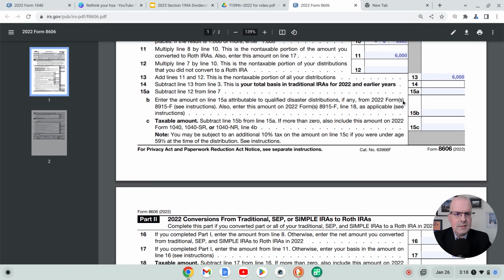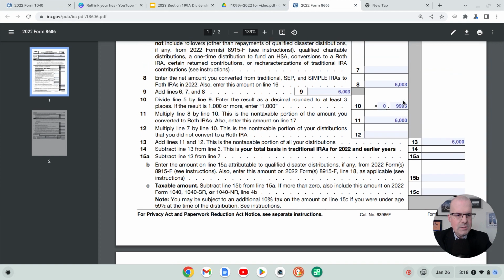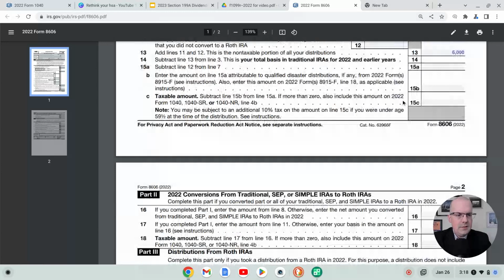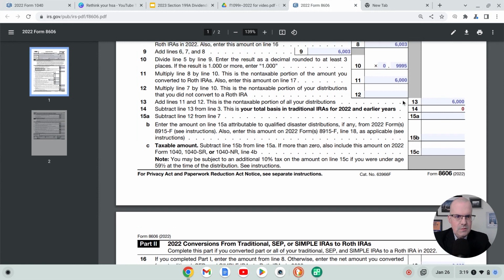And then let's see here. So we get the 6,000 here. That's the non-taxable piece. And then our taxable piece, let's see here. So on line 14, we subtract the 6,000 from the 6,003, so that's 3. And on 15, we do line 7 and line 12.